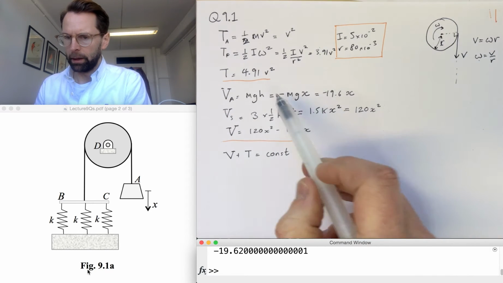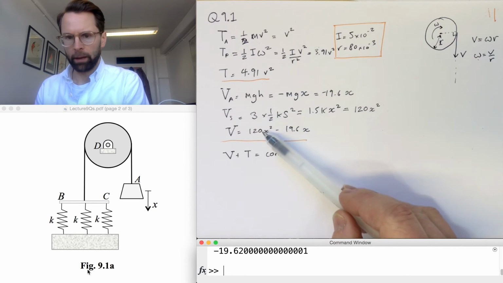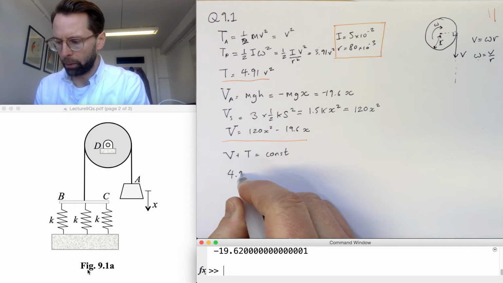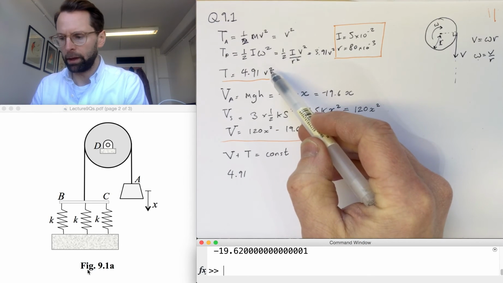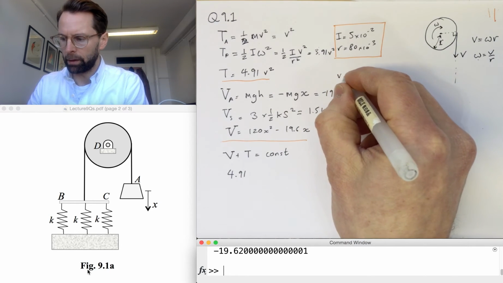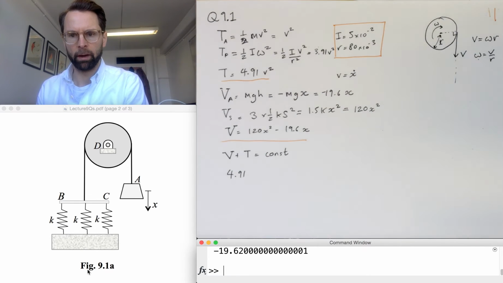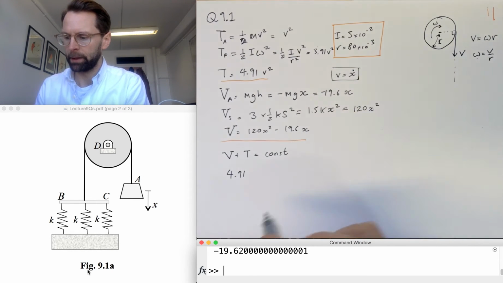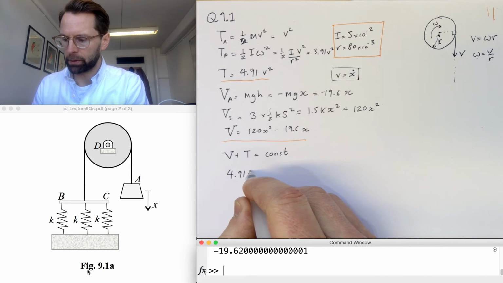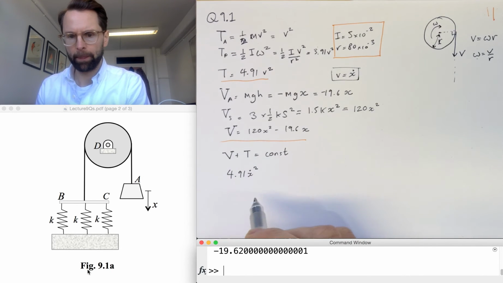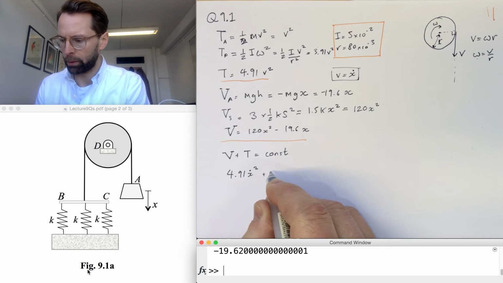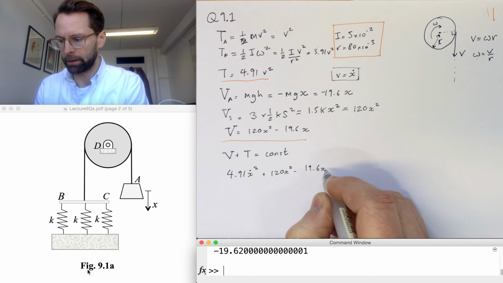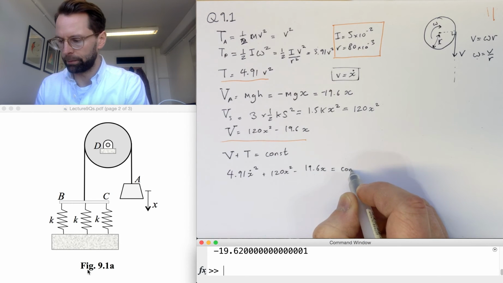So if I now add these two together, we'll get 4.91. Instead of using v, I'm going to use x dot, which is the time rate of change. I'm just going to use that symbol, it just makes it a little bit neater. So x dot squared plus 120 x squared minus 19.6x is equal to some constant.